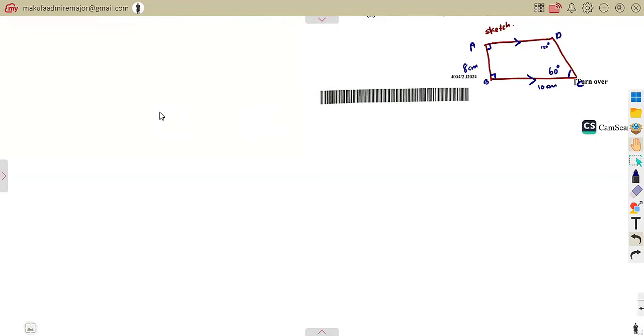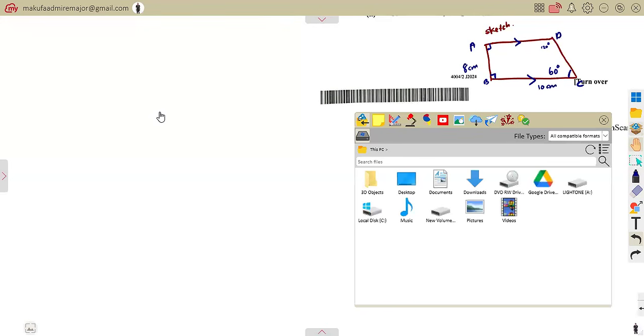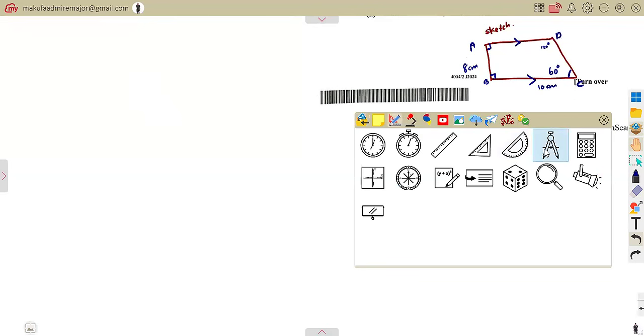So this is what you're going to need. You're going to need your compass. For the constructions, we need this and our ruler. Like the instruction we are given, use ruler and compasses only in these constructions.